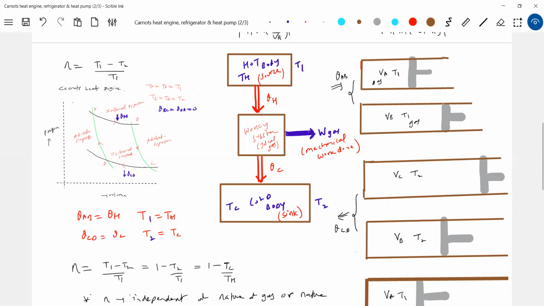Theoretically, we first design it, then whatever energy is lost, I supply it, and I will make it approximately reversible.